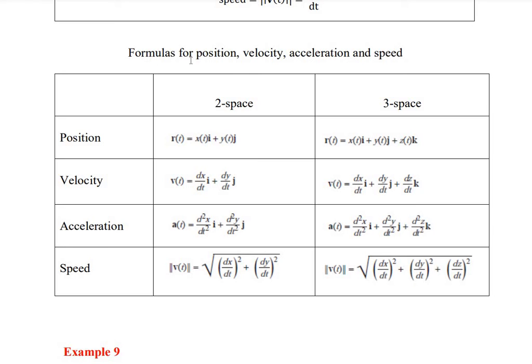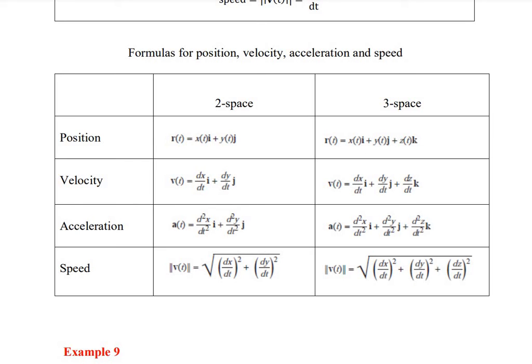Next one, formulas for position, velocity, acceleration and speed. Position: in 2 space, vector r is equal to x of t into i cap plus y of t into j cap. In 3 space, vector r of t is equal to x of t into i cap plus y of t into j cap plus z of t into k cap. Then velocity.